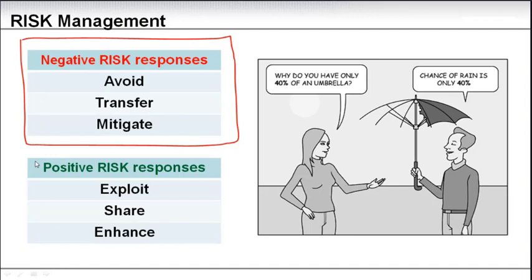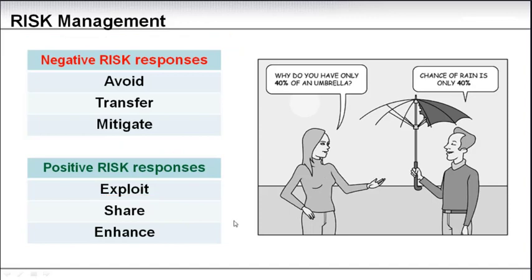A new technology release, or a new technology or person you didn't have before. And if you can make that person come, or if you can make use of that technology, you will have a positive impact on your project, because you can then do certain activities faster, or you can do certain things that you were not supposed to do before. So you need to exploit: can I have that person available quickly, for instance?